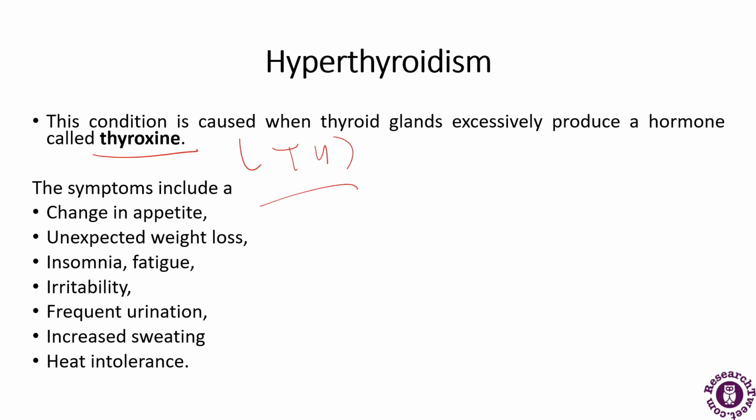The symptoms include change in appetite and unexpected weight loss. The person will be very slim in this case. There is insomnia, fatigue, irritability, frequent urination, increased sweating, and heat intolerance in case of hyperthyroidism.